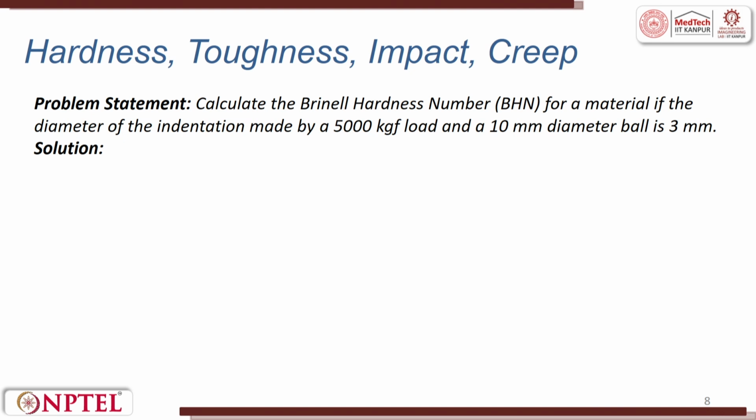Just to solidify our calculations once again, I will do one more numerical in this direction. BHN is given, load is given as 5000 kgf, and 10 millimeter diameter of ball is there, and the diameter of the indentation is 3 millimeter. Quickly, BHN is equal to 2 into the force, that is 5000, right.